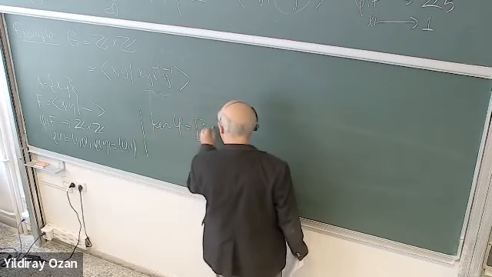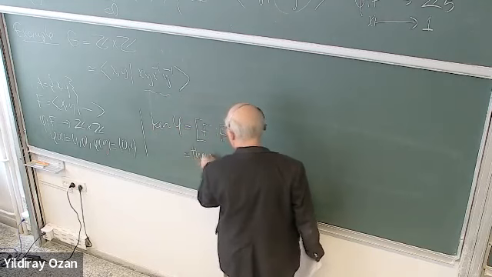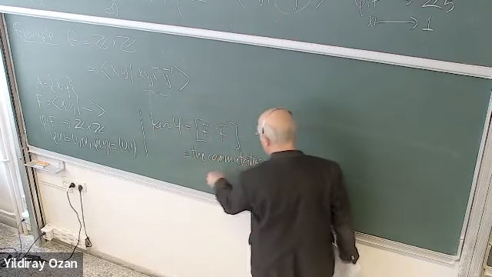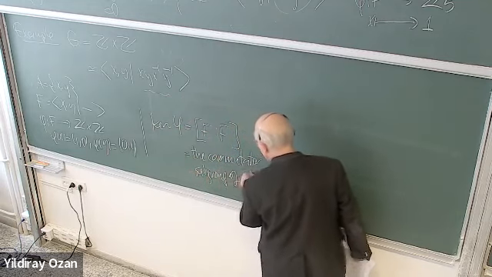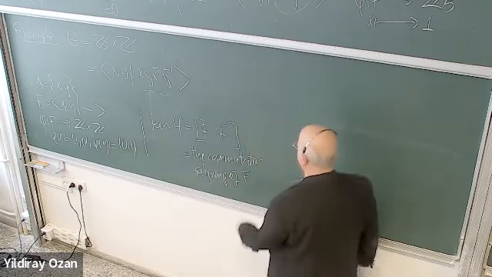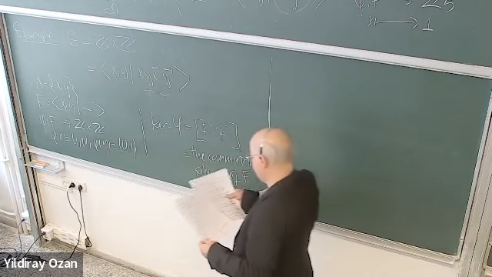We write it like this, right? The commutator of F, F. It is the normal closure of this subgroup. Okay.